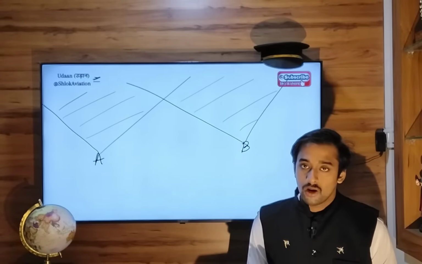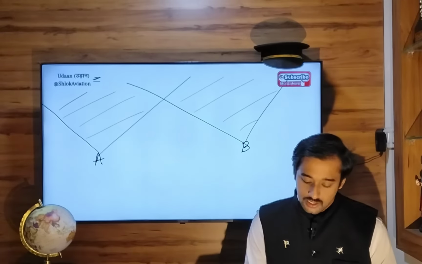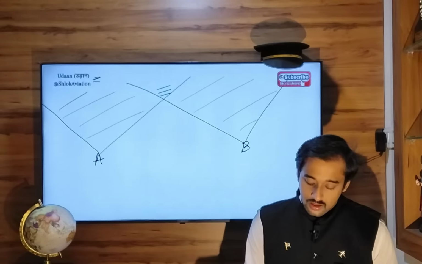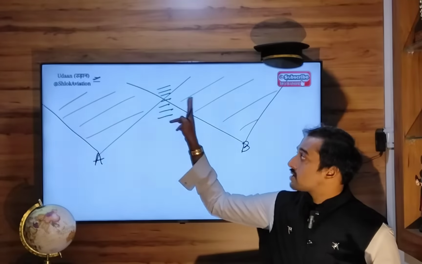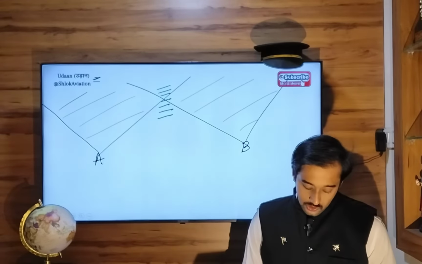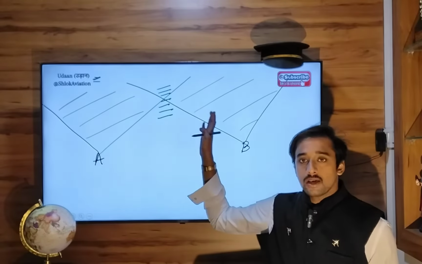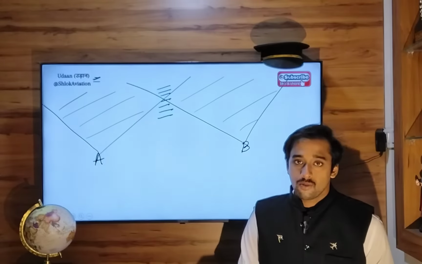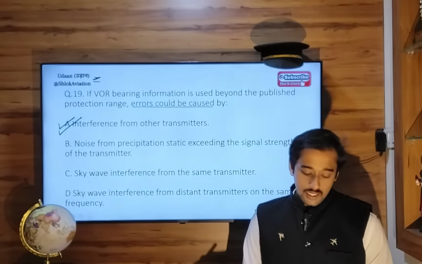But at the changeover point, that is where the maximum published protection range is published, there is overlapping here. Here the interference will happen from both these transmitters simultaneously. So that's why when you transition from A to B, make sure you use B frequency, B to A, make sure you change to A frequency. So this will be caused by interference from other transmitters.